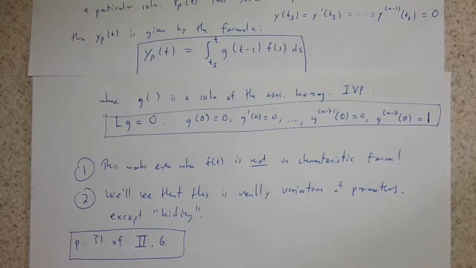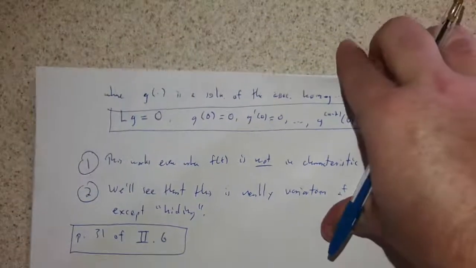Seeing how it ties in with variation of parameters happens in the next section, chapter 2, section 7. So how does the Green's function approach work for variable coefficient equations?